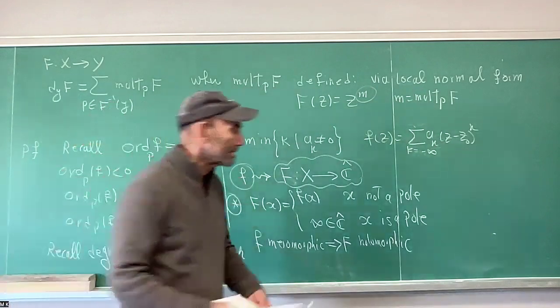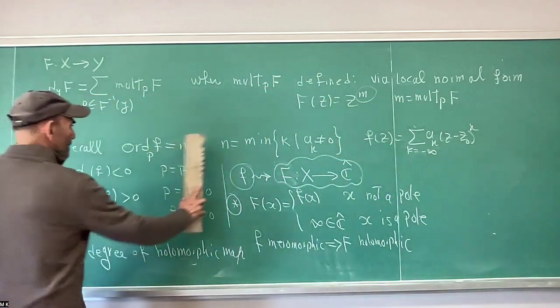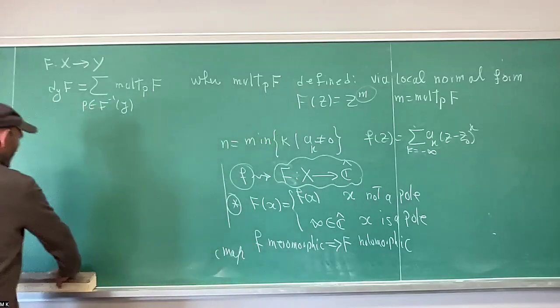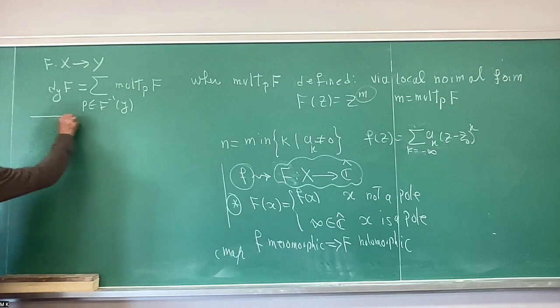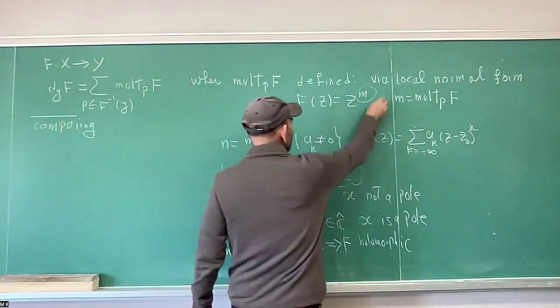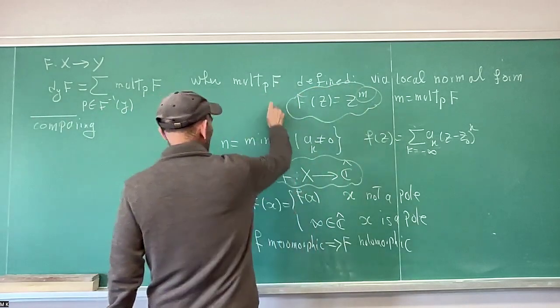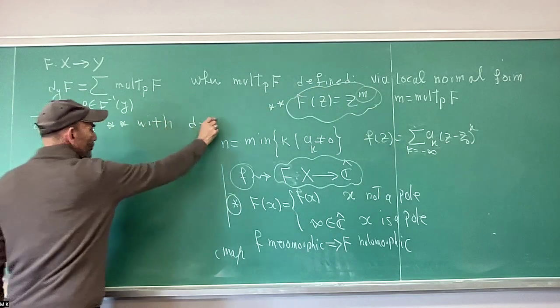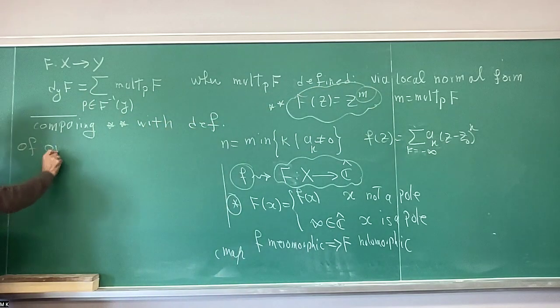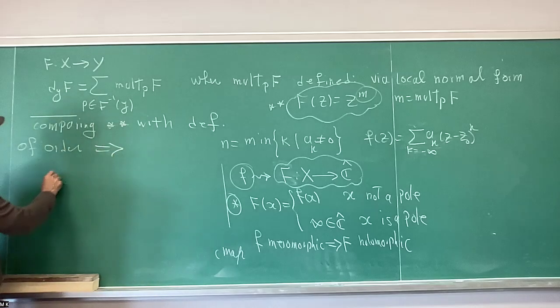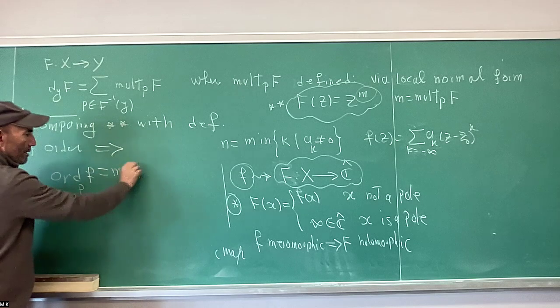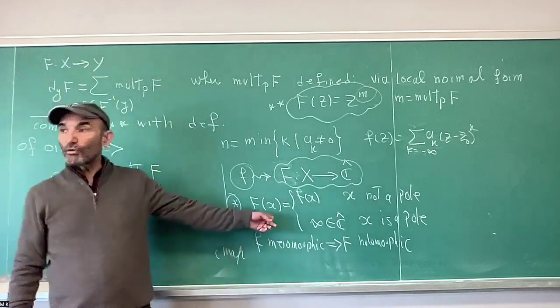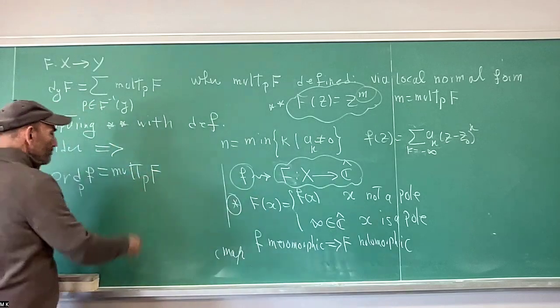Comparing this definition, which I call double star, with the definition of order, you conclude that the order of f at the point P is exactly equal to the multiplicity of capital F at P, if P is a zero.